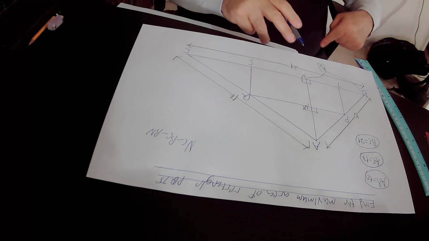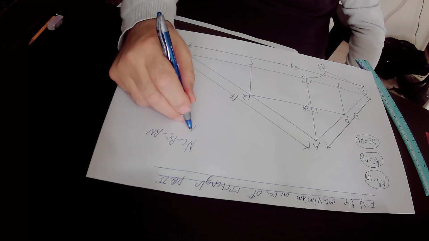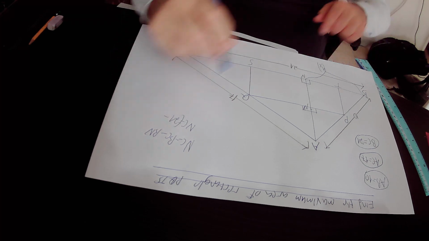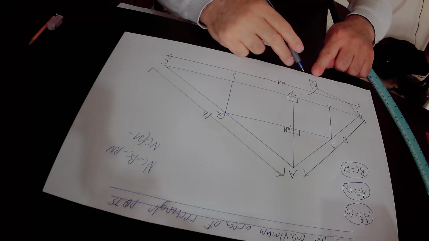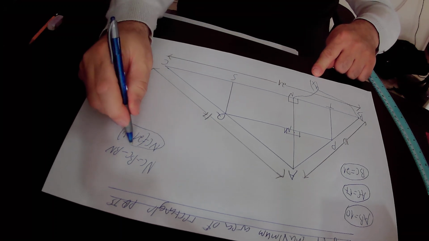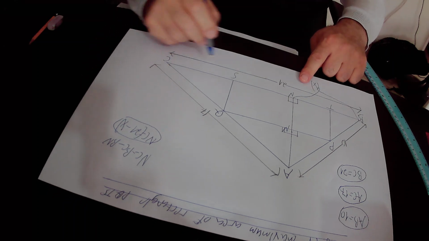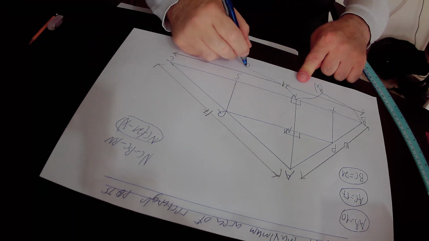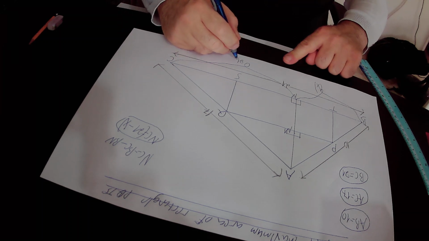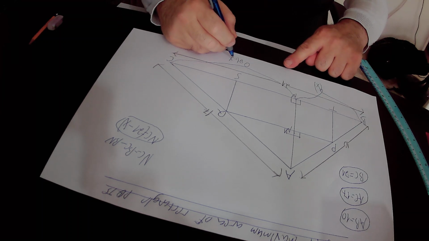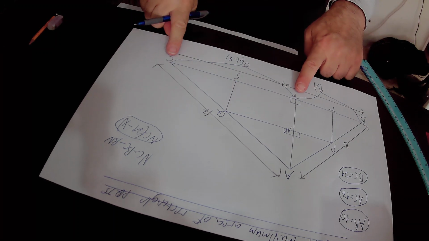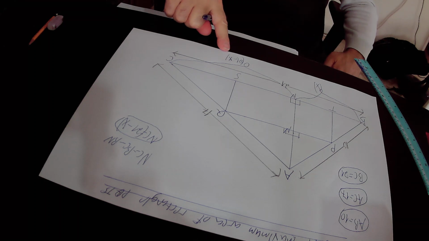BC equals 21 units in length, and BN equals X according to our definition. So in total, NC equals 21 minus X. So this line segment NC is 21 minus X units in length.